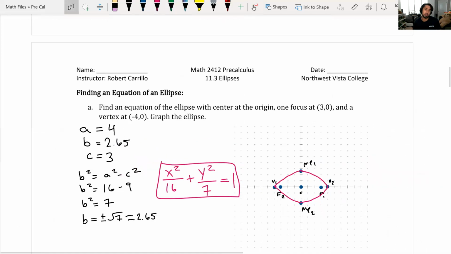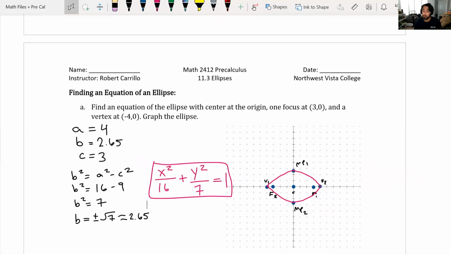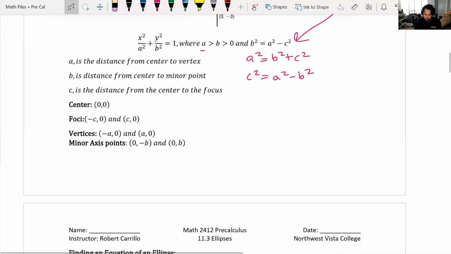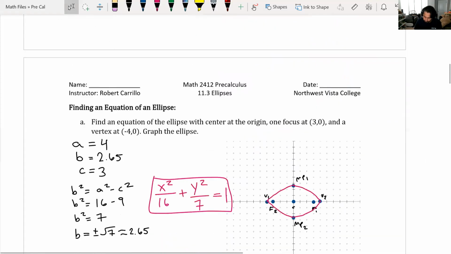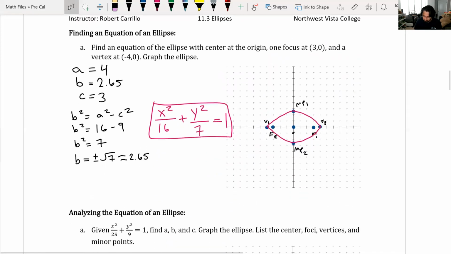There we go. There's our ellipse with the center at the origin and with all the other pieces. Okay, and you notice on the ellipse, the right side is always equal to 1. Well, there's a really big explanation about that.